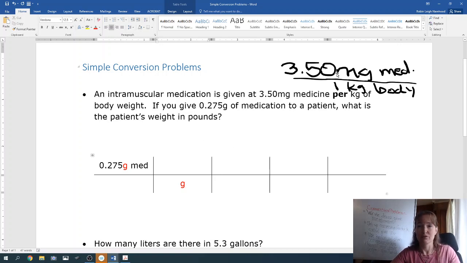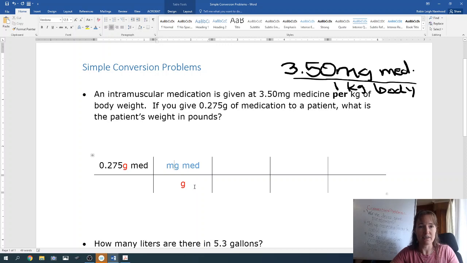The conversion factor that's given to us is milligrams, so I'm going to switch between grams and milligrams in order to go through this problem and use our new conversion factor.